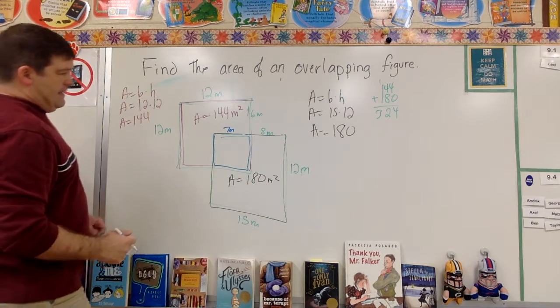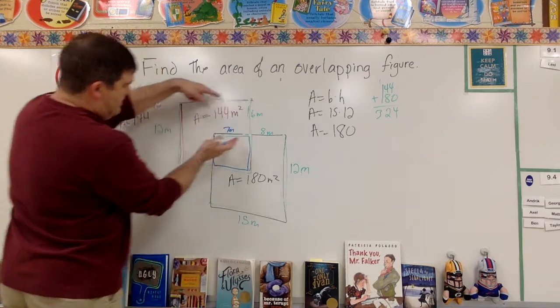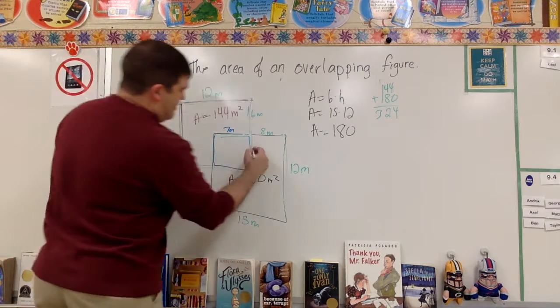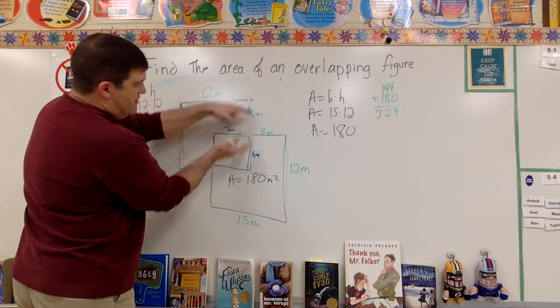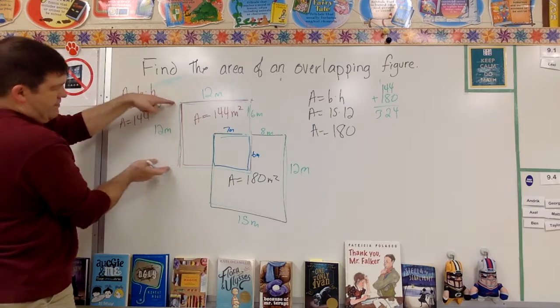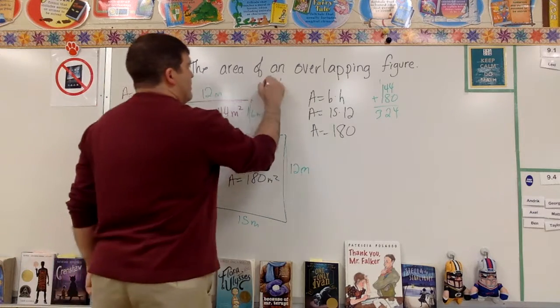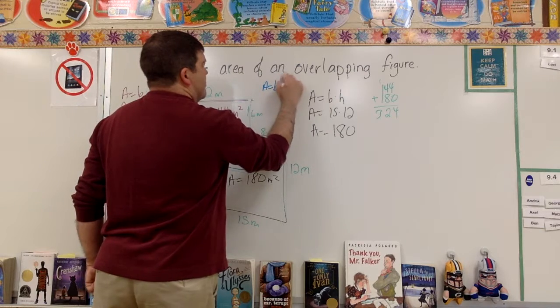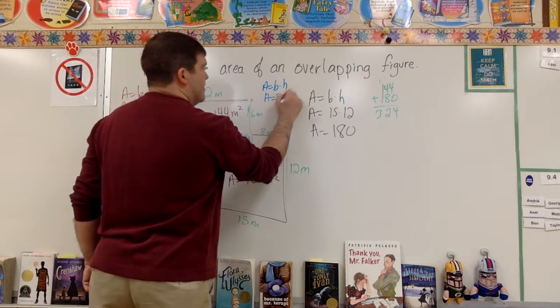Now, let's see. How can I find this one right here? This is 6. This is 12. This must be 6. Because 6 plus 6 equals 12. So I have a 7 by 6. Area equals base times height. Area equals 7 times 6.